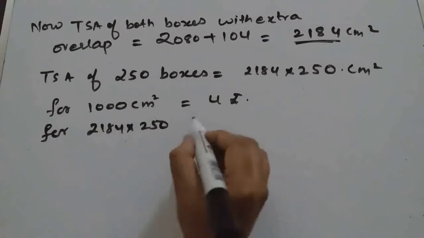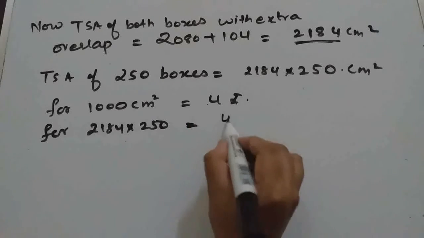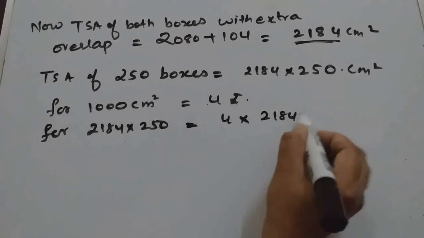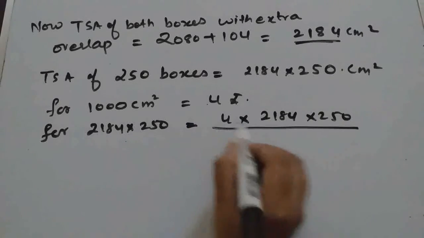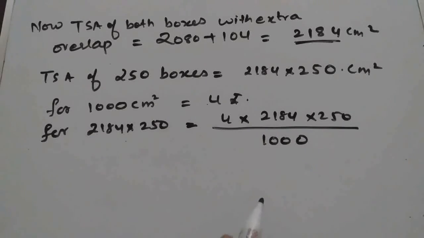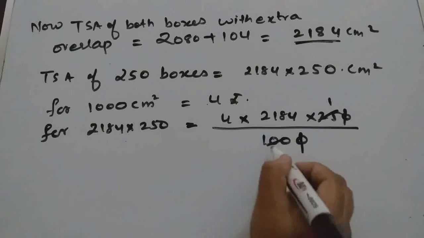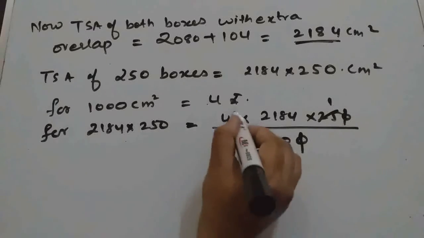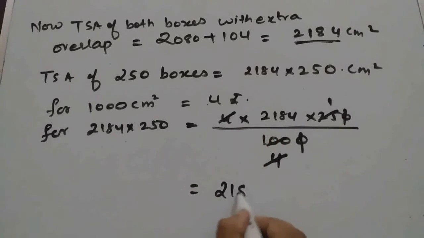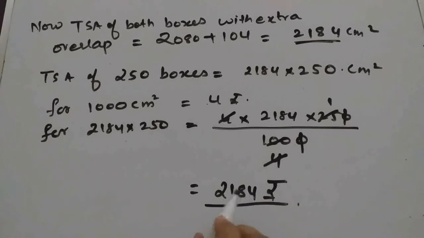What will be the cost? This is 2184 into 250 divided by 1000. So this 0 will go. 25 ones are 25, 25 fours are 100. 4 cancel. So the answer is 2184 rupees. So this is the total cost of the cardboard required for supplying 250 boxes of such kind.